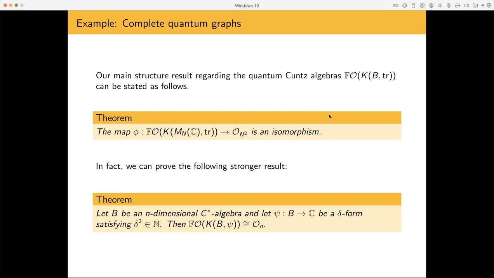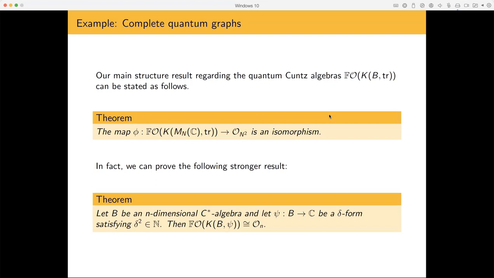I think, yeah, exactly. I should have mentioned that. Of course, these Cuntz-Krieger algebras are graph algebras, so you can view them as associated to graphs. In the O_N case, the standard picture would be to have just one vertex and N loops.